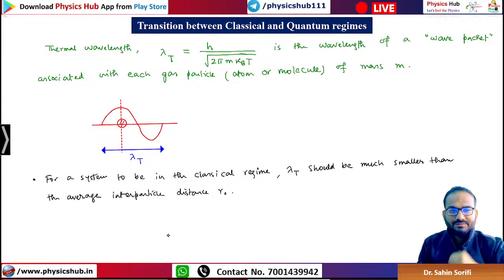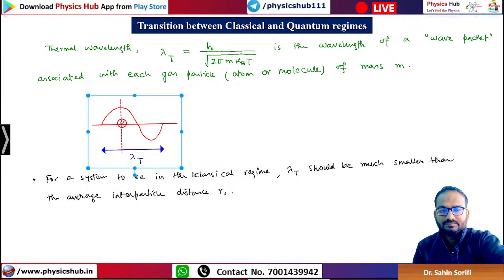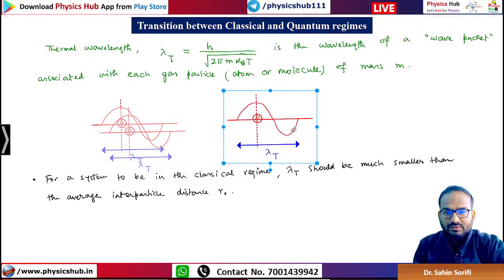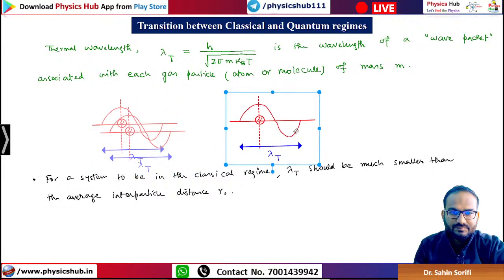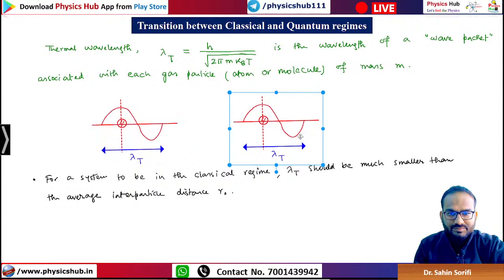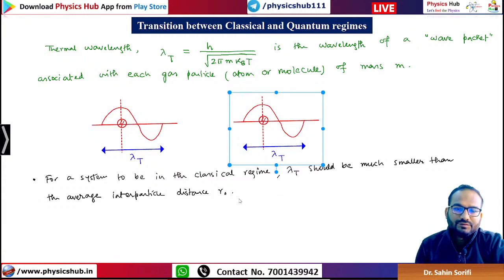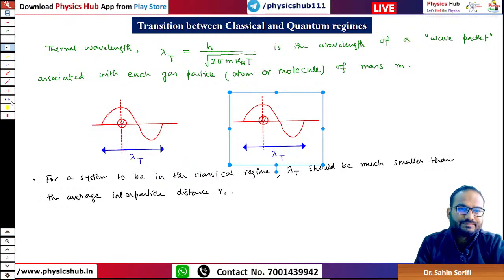Let's say we have another particle, and it will also have its thermal wavelength, lambda T. Now, the separation between these two molecules should be much larger than the thermal wavelength of the gas molecules.